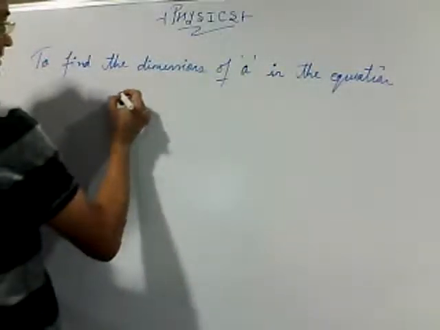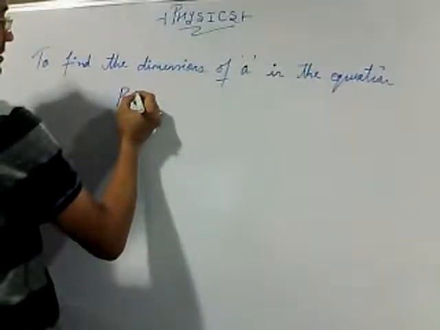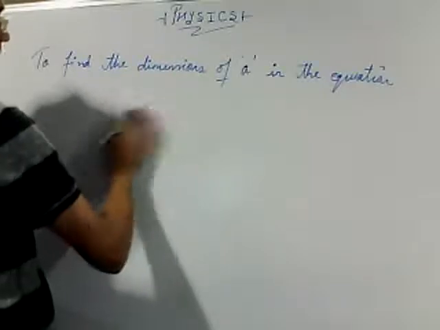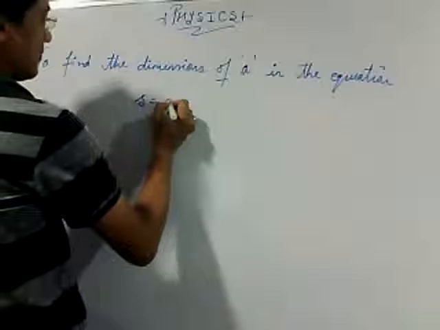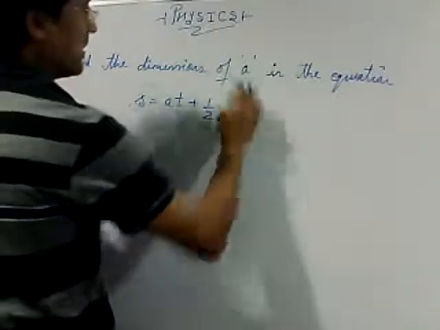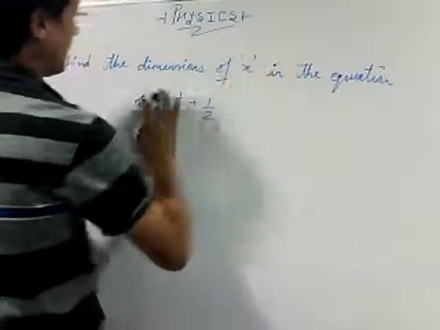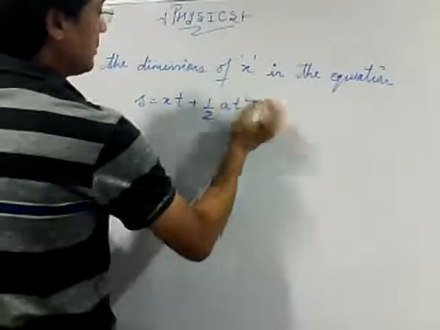You may take P. This we have already done actually. So let's take the second equation of motion: s = xt + half at square.